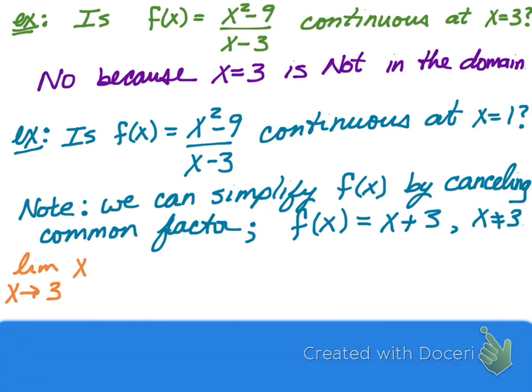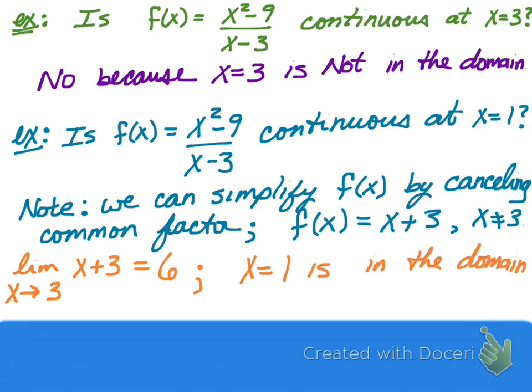The limit as x goes to 3 of x plus 3 equals 3 plus 3, which is 6. And we talked about that in section 1.3, finding limits analytically. And x equals 1 is in the domain. And the final thing I need to check is, what is f?